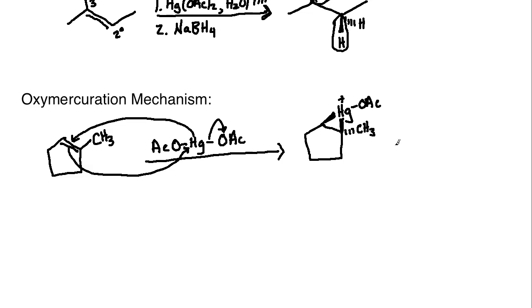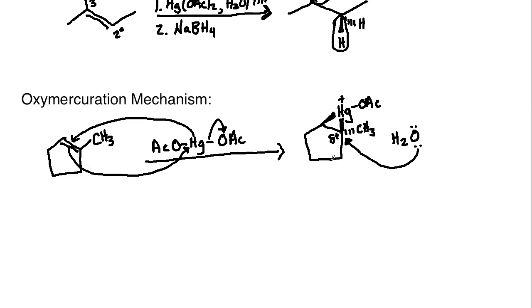All right, so at this point, the water would come in and would attack. So here's the water. It's going to attack the more substituted position because, again, this is tertiary. It's Markovnikov. Now, it attacks this because as the mercury gets ready to break open, it has to break open one way or the other. It's going to start breaking open at the tertiary site because partial positive charge is going to form wherever it starts to break.